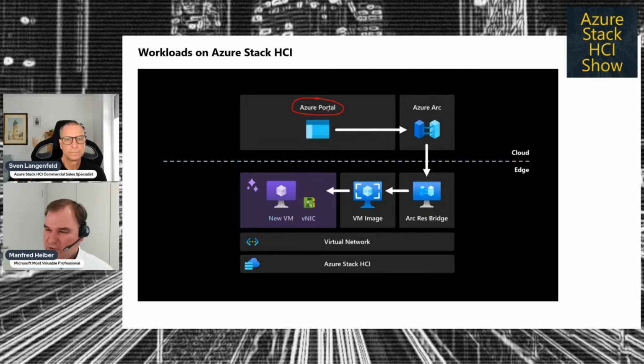Actually, the Azure portal is creating the Azure Resource Manager template and is sending this via Azure Arc to the local Azure Arc resource bridge. The local Azure Arc resource bridge will use this information to deploy, based on a virtual machine image, this new virtual machine with a new virtual NIC.